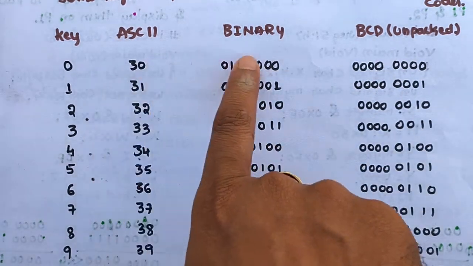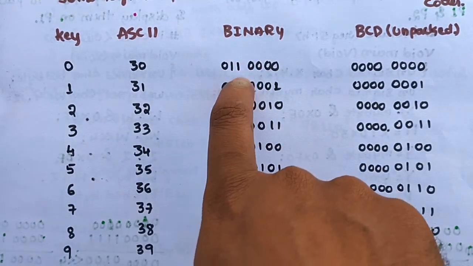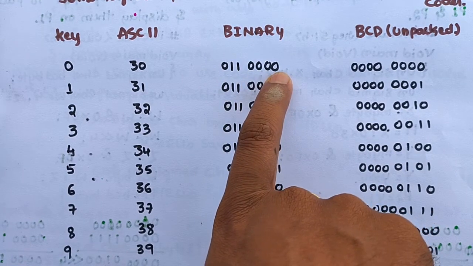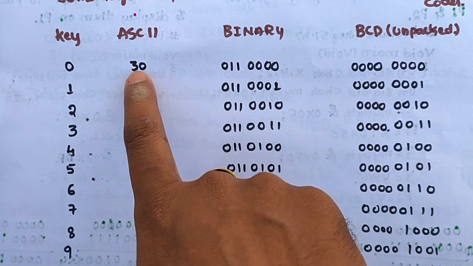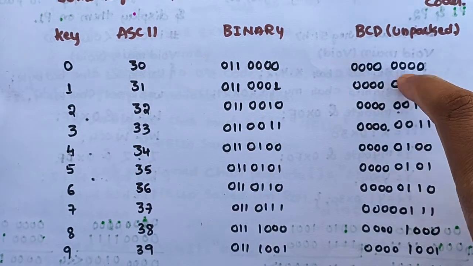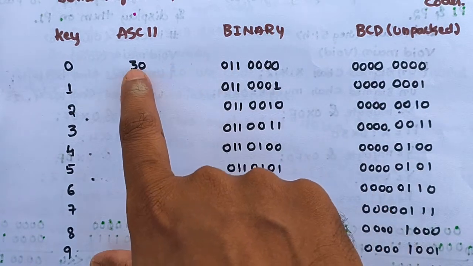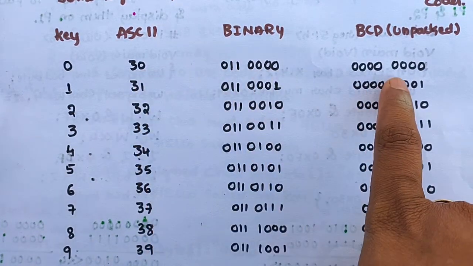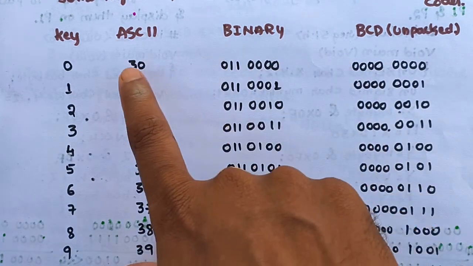So for 0, the ASCII value is 30, and the binary bit pattern is 0000 in order to represent it. Similarly for binary coded decimal, each decimal value gets coded with a 4-bit pattern.